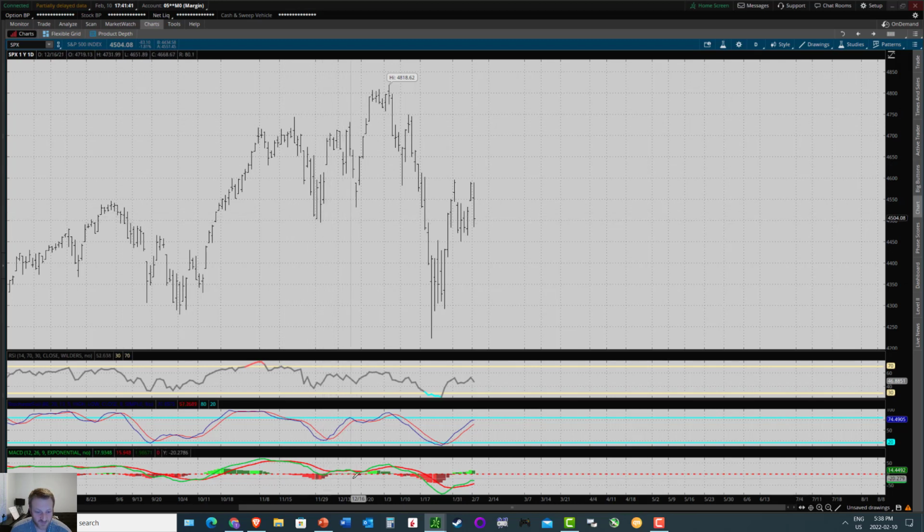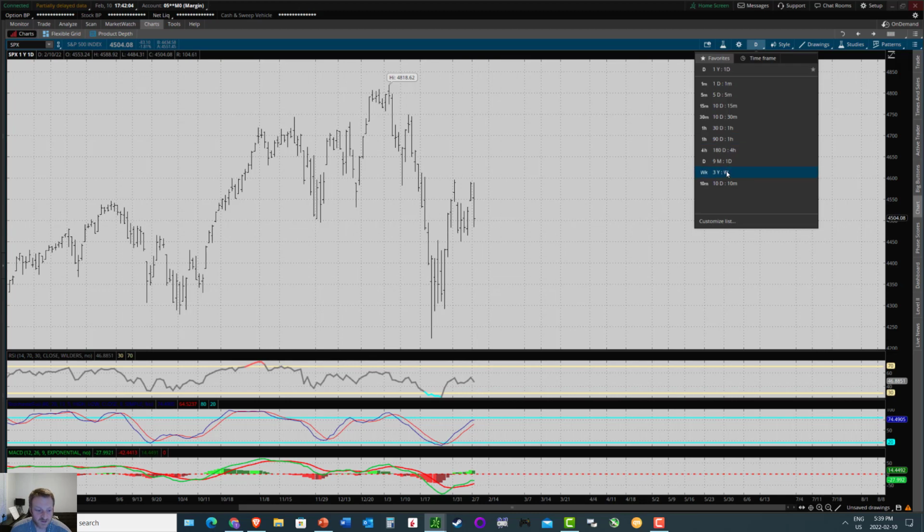And you can see we held the zero line, and then we did go up here and make one more high. But then when we actually cross down here, not only do we have the 12, 26 cross down, they actually got below the zero line, and we're still below the zero line. So technically, according to MACD, at least for now, the daily trend on the S&P 500 is still down.